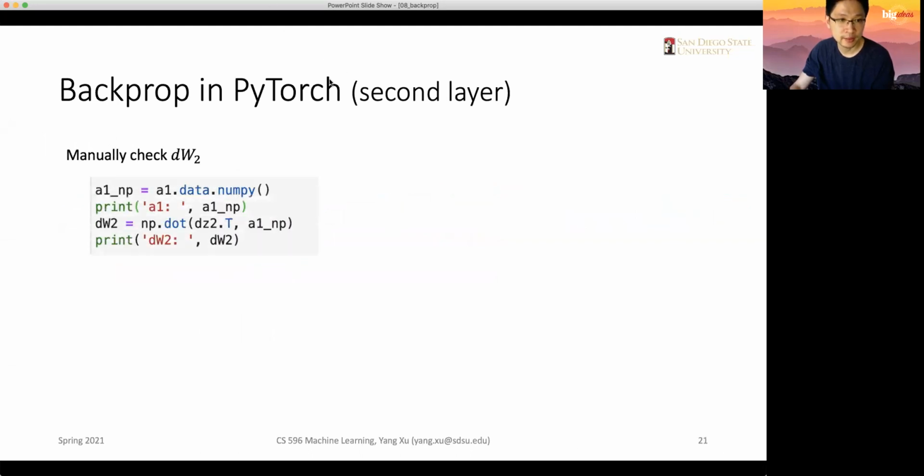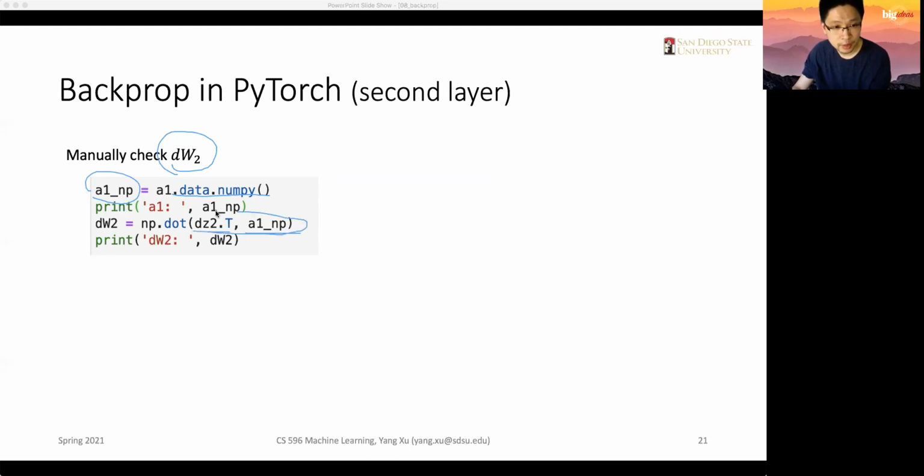And lastly, we just manually check dw2. Okay, use another equation. For dw2, we need to use the activation from the previous layer, which is A1, right? We copied it from numpy. We will use the multiplication between dz2 and A1.